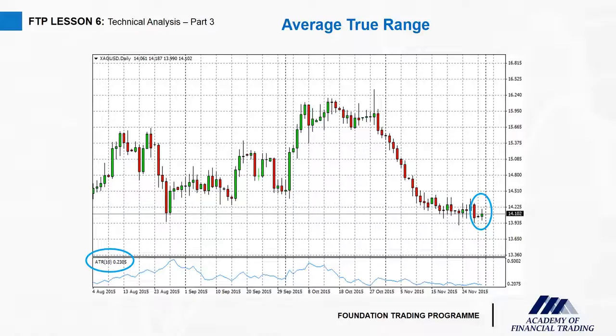We can see down at the bottom where our average true range is being mapped. This graph is showing the range between 0.2075 and 0.5002, so that is showing us the volatility of this going forward.